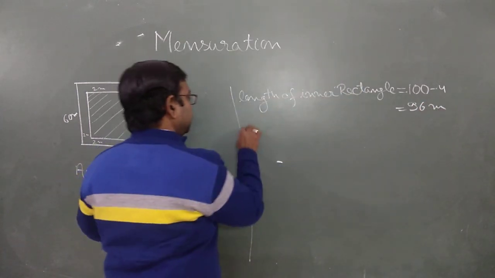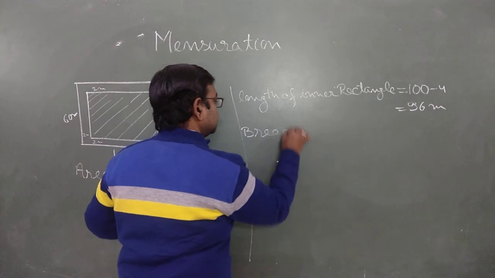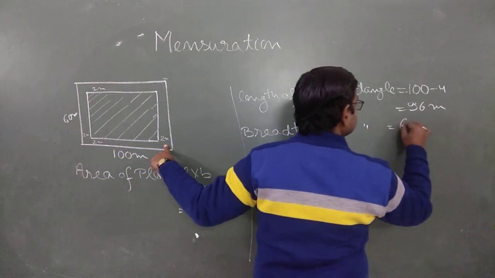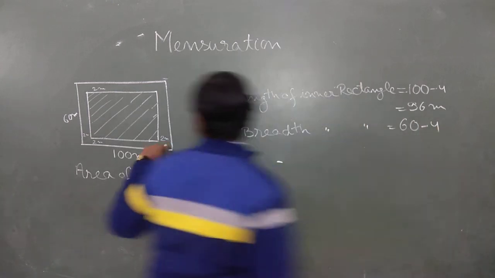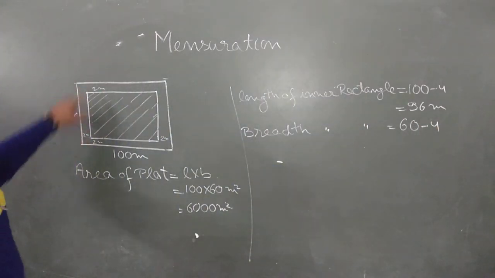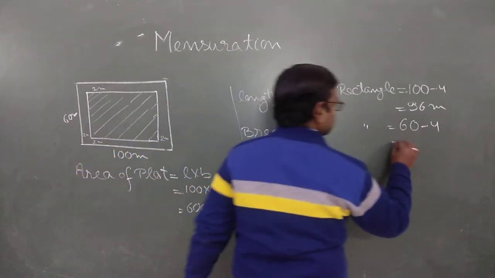Similarly, breadth of inner rectangle equals 60 minus 4. Why? Because this is total 60, 2 reduced from this side, 2 reduced from this side, this is your 4. 56 meter.